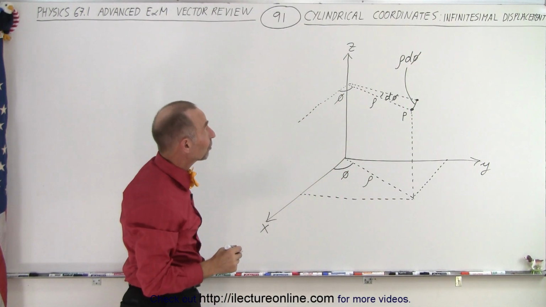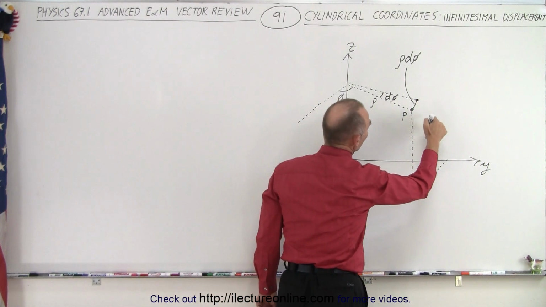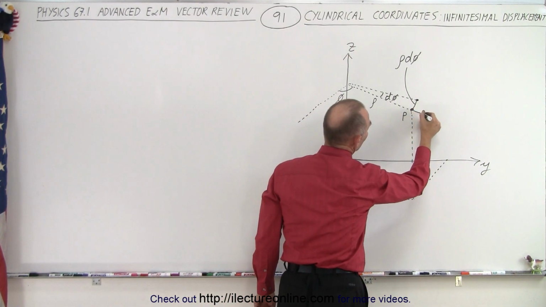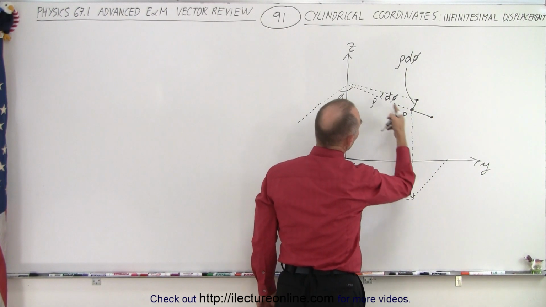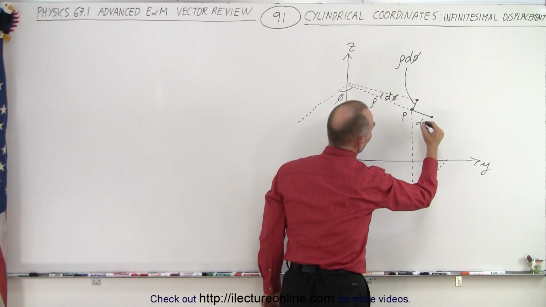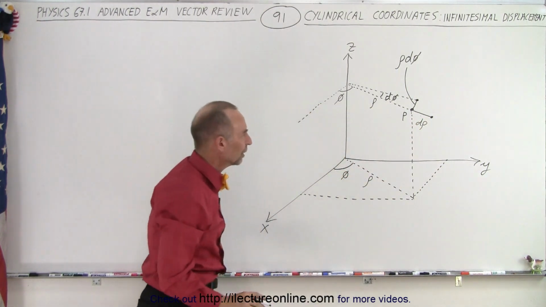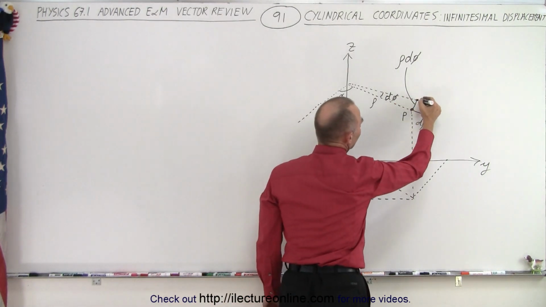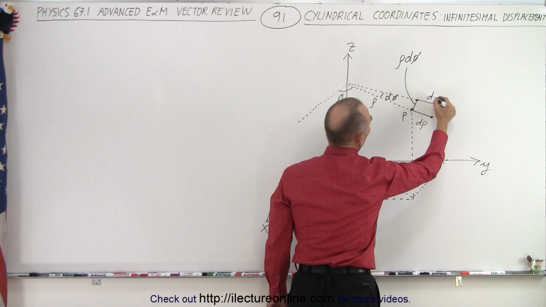Now, the second displacement that we can have is we can go from point P radially outward this way, and go to another point right there. And this here would be a small change in rho, so we call that d rho. I keep calling it phi, but that's actually rho, d rho. And we could do the same along this line right here. So this line would also be d rho.